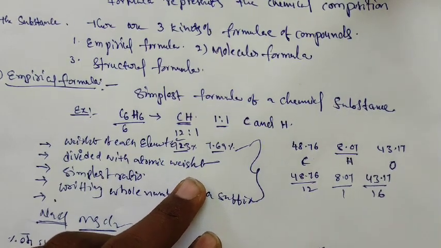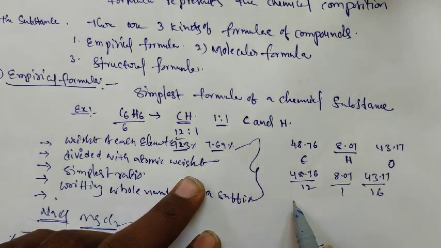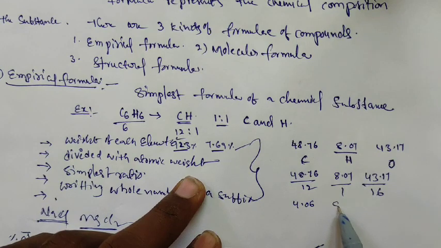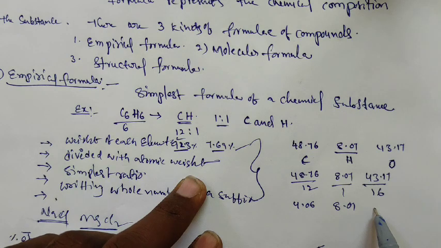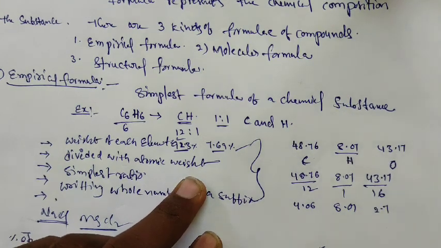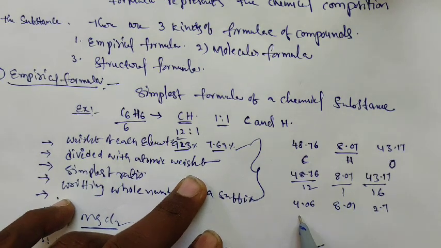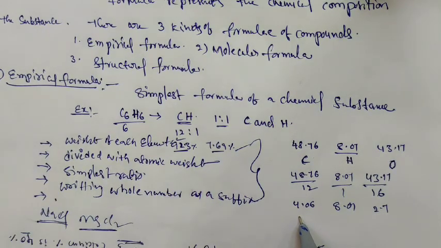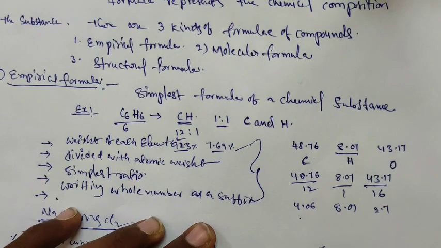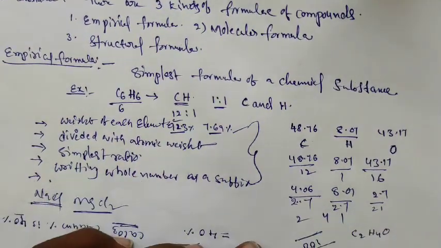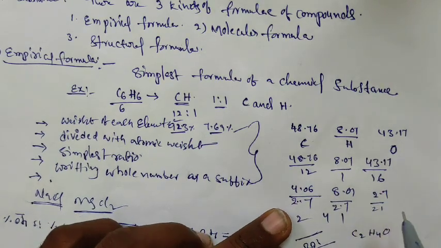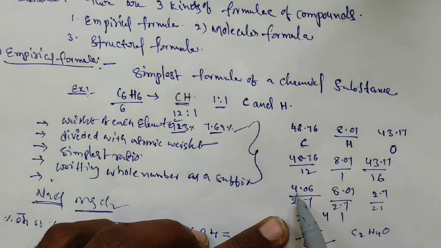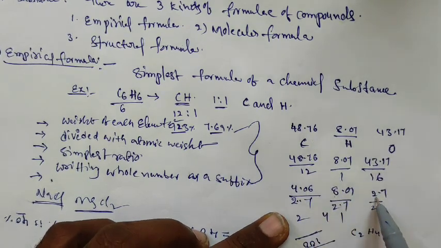Now we will get 4.06 here, 8.07 here, 2.7 here. Which is the lowest number? 2.7.